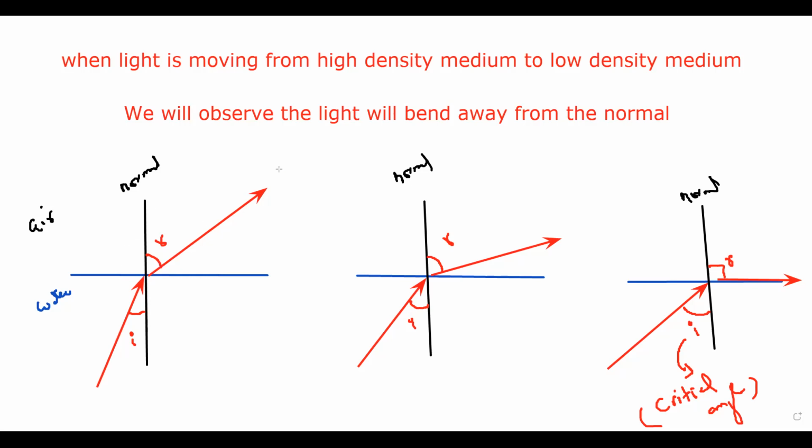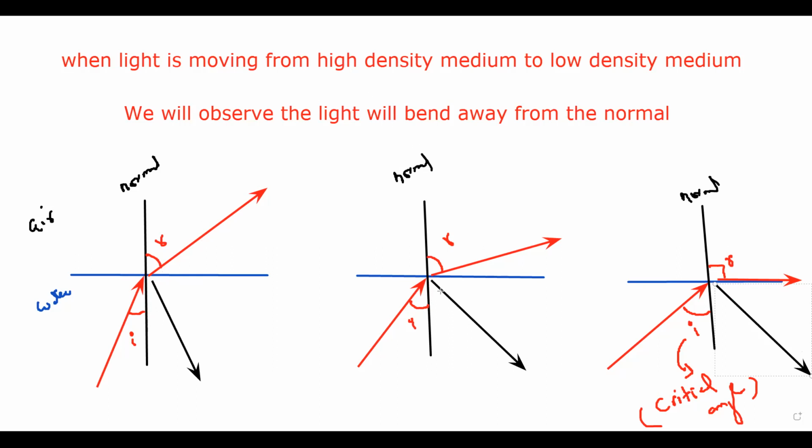Some of the light is refracted and some of the light is reflected. So whenever light travels from water to air, a very small part of the light is reflected, and most of the light is refracted.